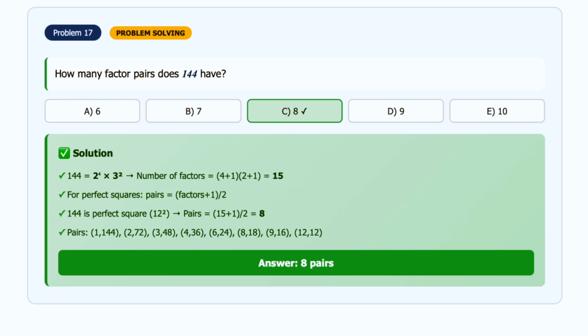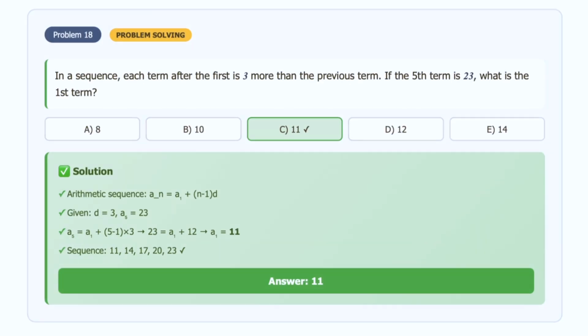Since 144 is a perfect square, 12 squared, the pairs equal 15 plus 1 over 2, which is 8. The pairs are 1 and 144, 2 and 72, 3 and 48, 4 and 36, 6 and 24, 8 and 18, 9 and 16, and 12 and 12. The answer is C.